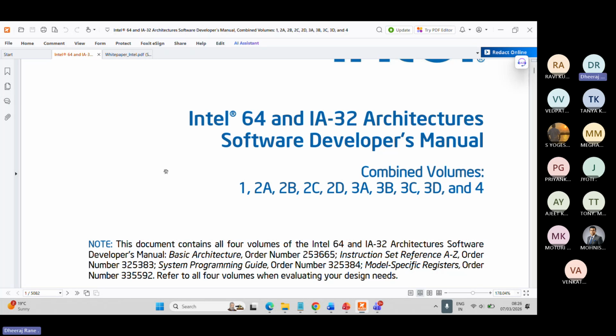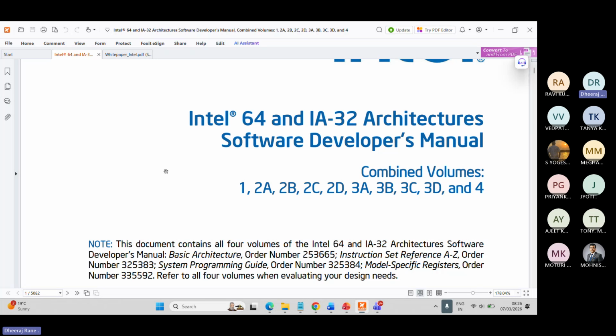And I hope that now you are very clear that in terms of architecture and organization, who the stakeholders are for different categories, be it a hypervisor writer, a team writing the operating system, or a team writing the compilers and all.